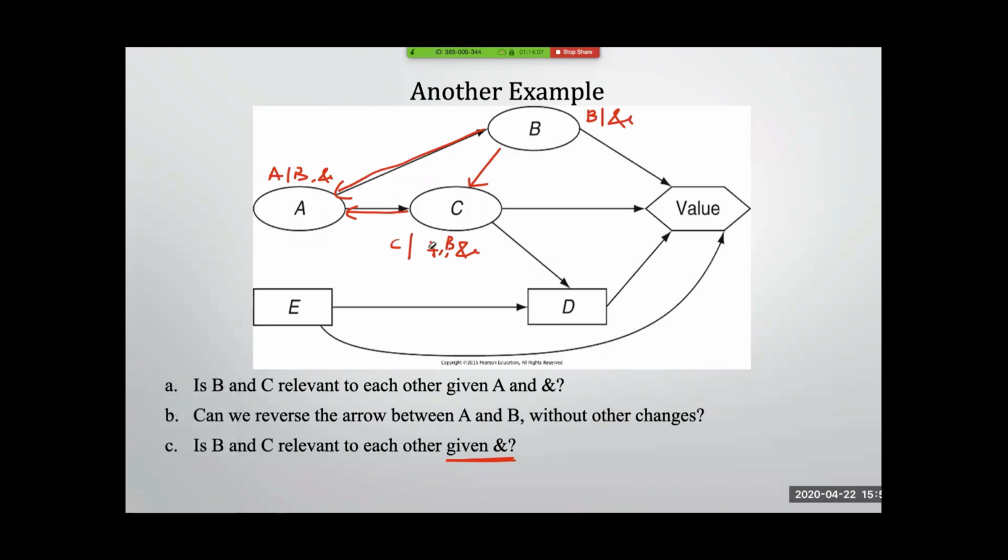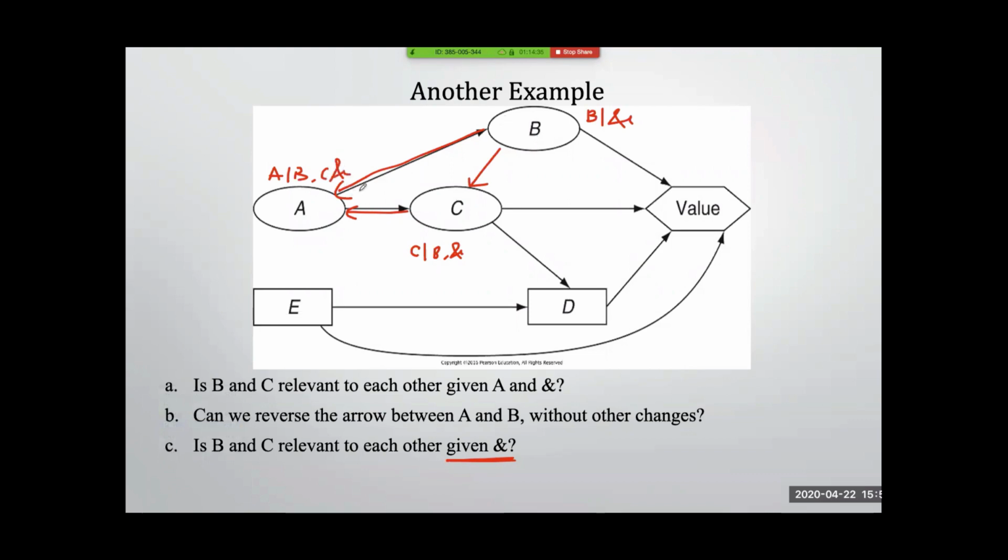So now we can erase A. C is conditioned on B and background knowledge. Now A is conditioned on B, C, and background knowledge.